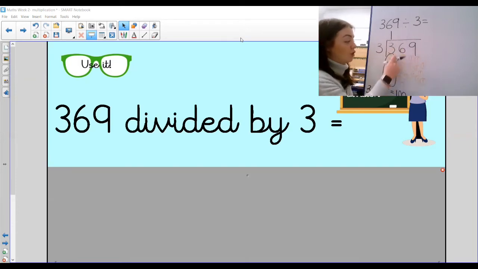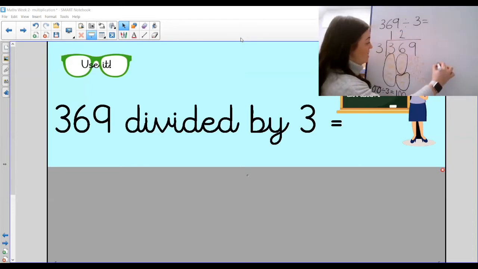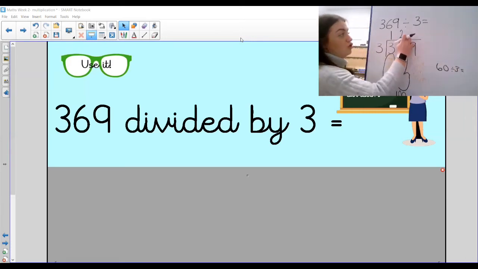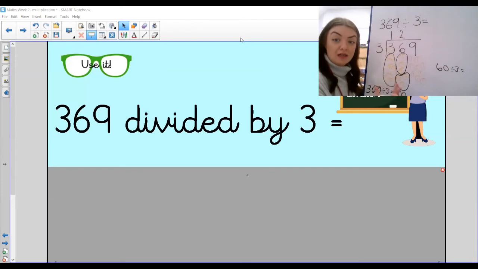Okay, so now I've got 6 tens. So how many groups of 3 can you make in those counters? I can make 2 groups of 3, and it's in my tens column. So actually what I've done there is 60 divided by 3, and I've got 2 in my tens column, which we all know stands for 20.